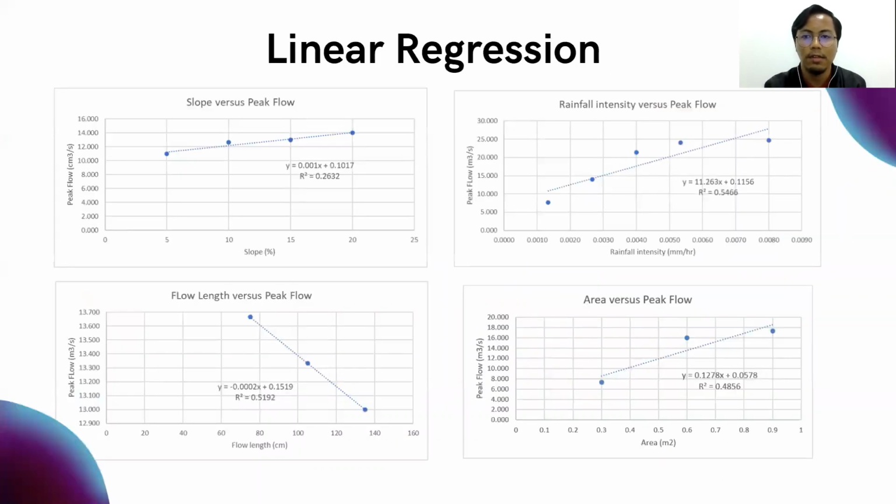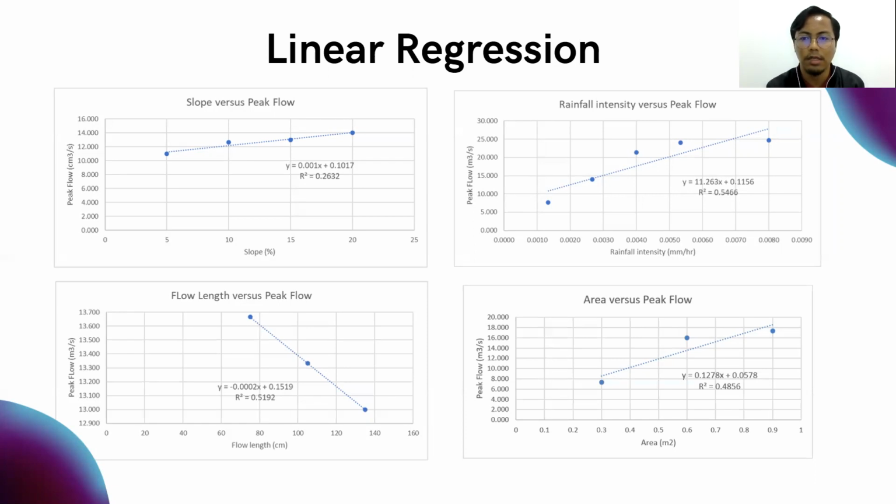After we did the several experiments, these are the results. We can see the relationship between every single change of parameter versus the peak runoff flow. The relationship we get from the analysis of linear regression. For slope versus peak runoff flow, the R square is 0.26, which is quite good of a relationship.